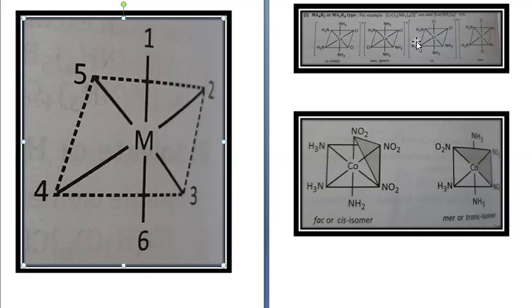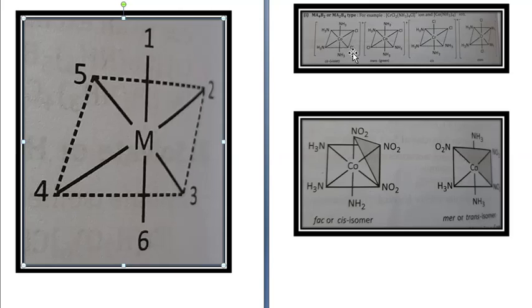Now see here, first case, central metal is cobalt, 4 NH3 ligands are there, so 1, 2, 3, 4. Alright, and Cl2 are there, so Cl and Cl.